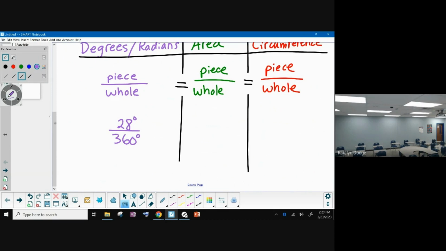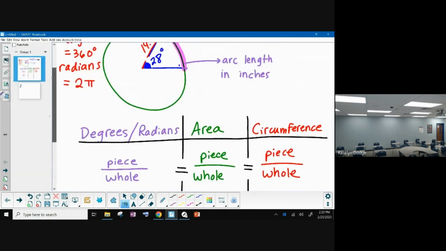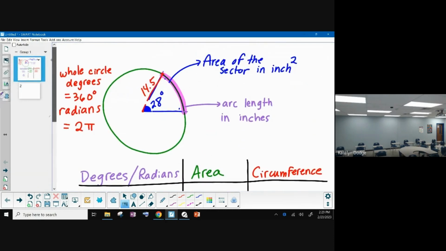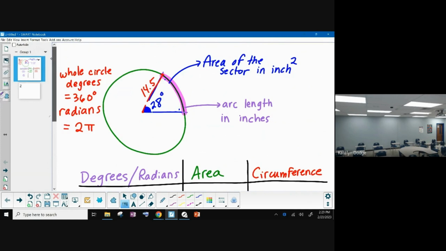Now, in our problem, we had to find both the area of the sector and also the arc length in inches. And I'm going to color code this a little better for you because I'm noticing here that maybe my colors are a little confusing. So my degrees are going to be the purple column.